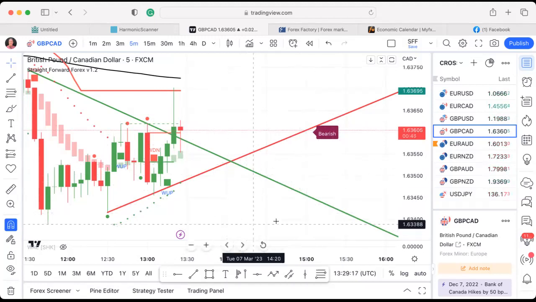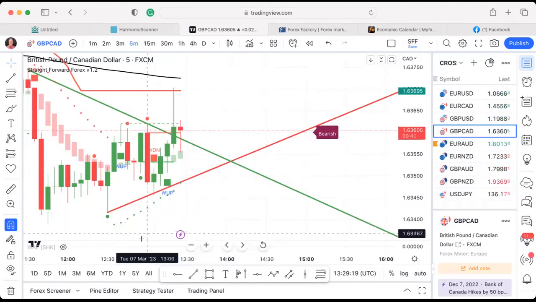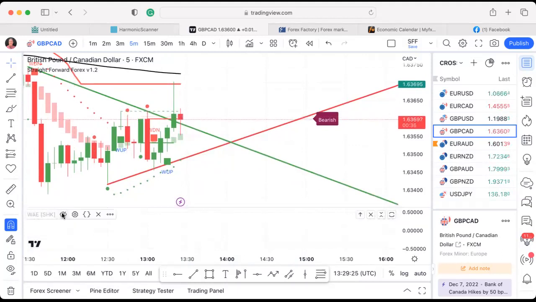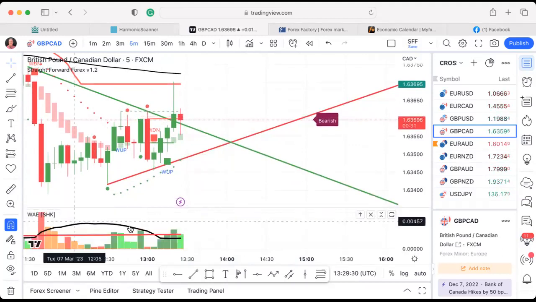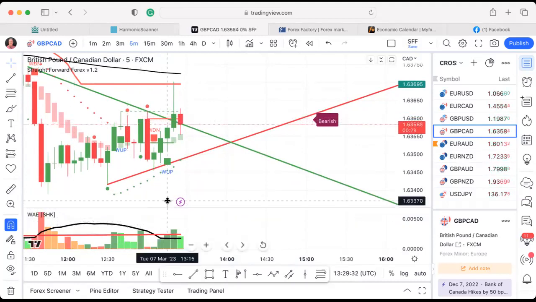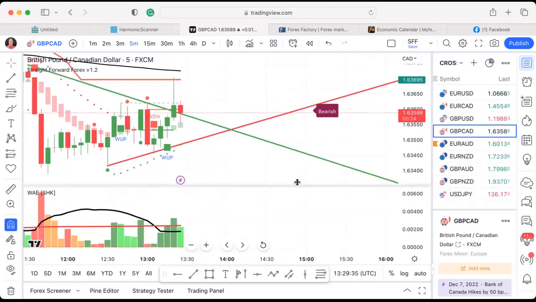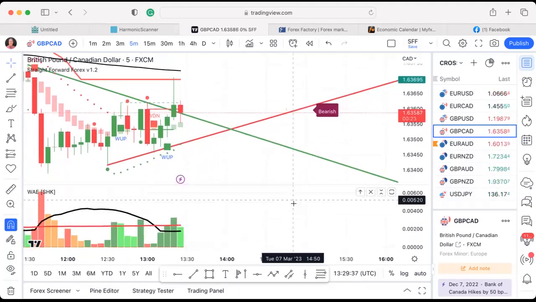As I said earlier, I've been looking at some of the things that Paul's been talking about. I looked at his video that he did yesterday. I've put the WAE, that's the Waddah Attar Explosion, on, and I'm sort of testing the theory out.